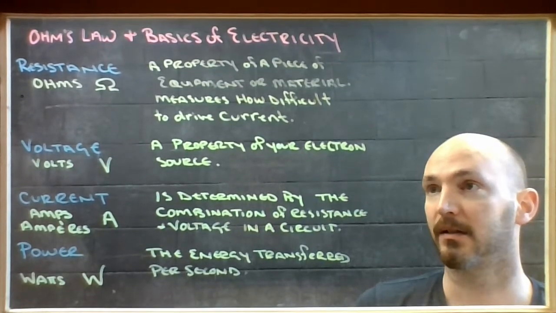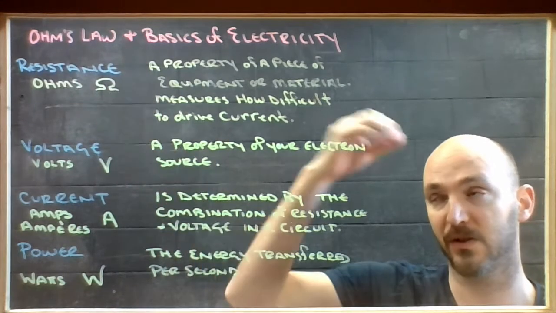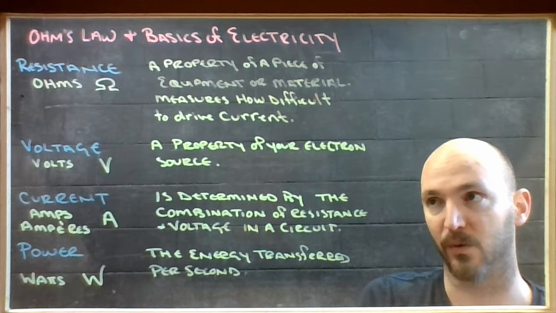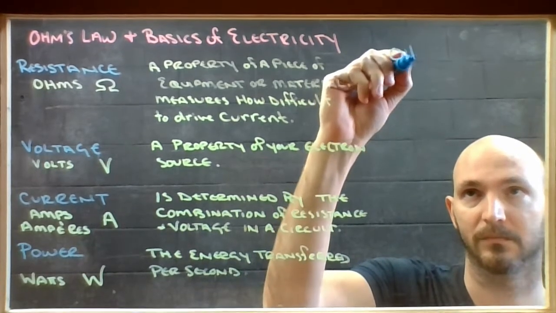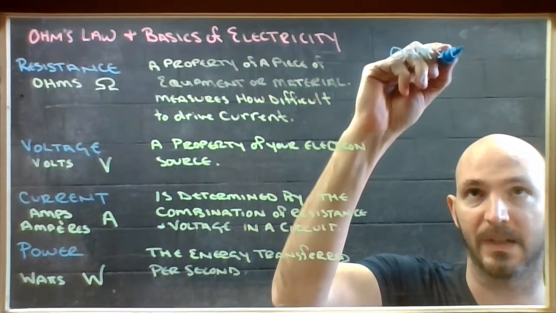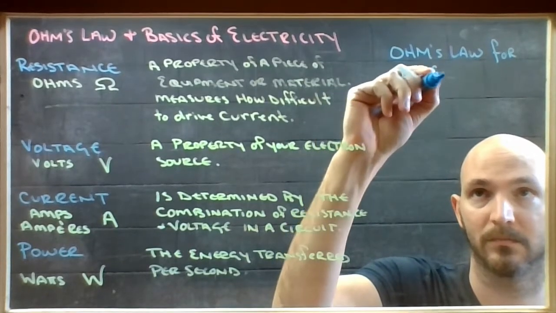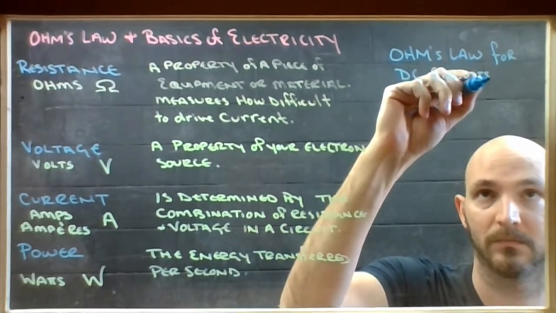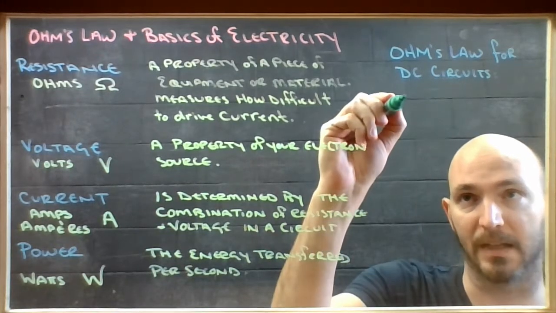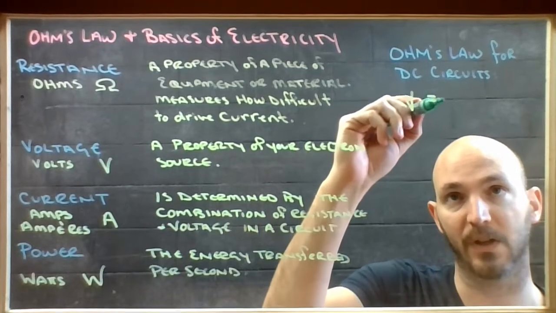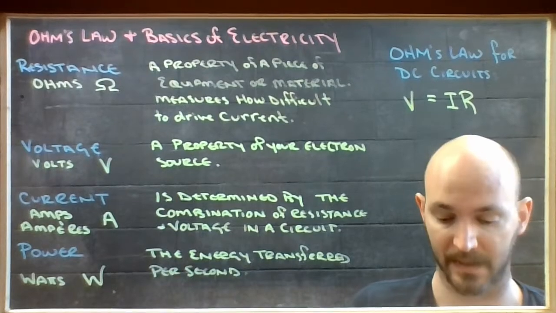Okay. So with these four quantities up on the board, we can write Ohm's law. So Ohm's law for DC circuits is that the voltage you apply is equal to the current that's generated multiplied by the resistance of all of the things added up in the circuit.